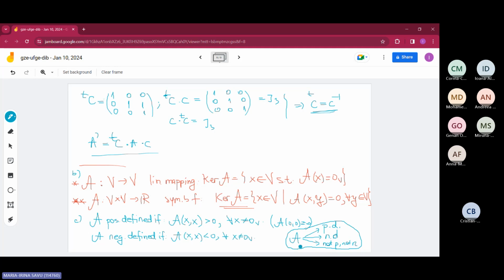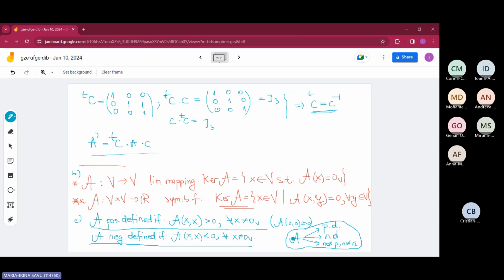The function is even or odd, or not even and not odd. So in this case, when you have all the principal minors negative, you have not positive, not negative, and this is the answer. This is the definition, but if you want to check if A is positive or negative, you could check the principal minors or eigenvalues.